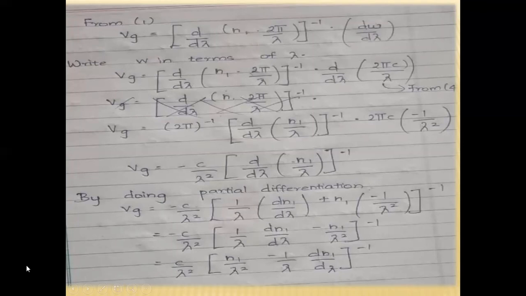The n1 into λ²/λ² gets cancelled, minus λ²/λ, where the denominator λ gets cancelled, so we will get dn1/dλ.